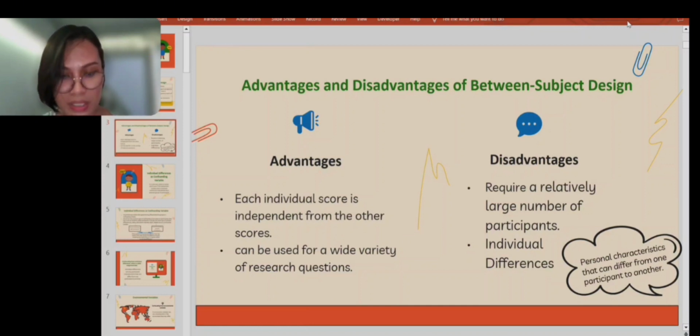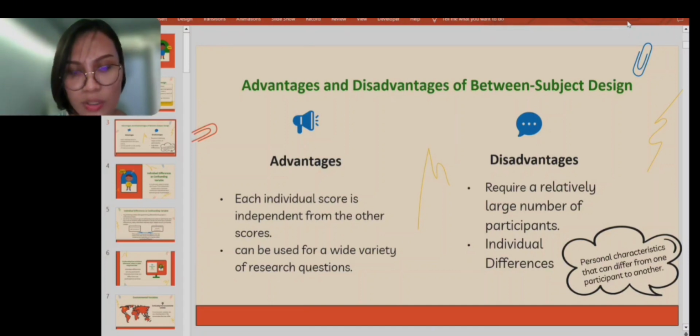Thus, a participant's score is not influenced by factors such as experience gained from other treatments, fatigue, or boredom from participating in a series of different treatments.